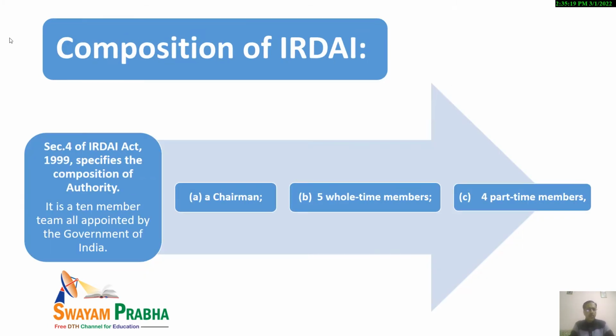Now, what is the composition of IRDAI? I have already discussed that the IRDAI Act 1999 is there. As per section 4 of the IRDAI Act 1999, the provisions regarding the composition of IRDAI have been stipulated.